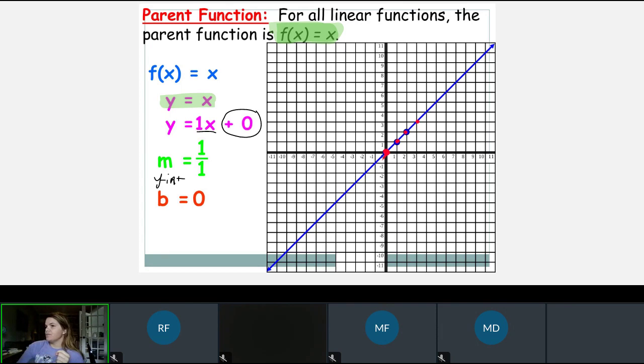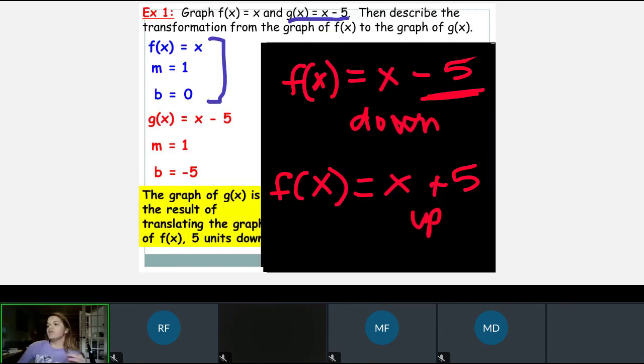This blue line is our parent function. Yes, g of x is just another name of a function. We can't still use y because we already used y, so we're just using different names for functions.